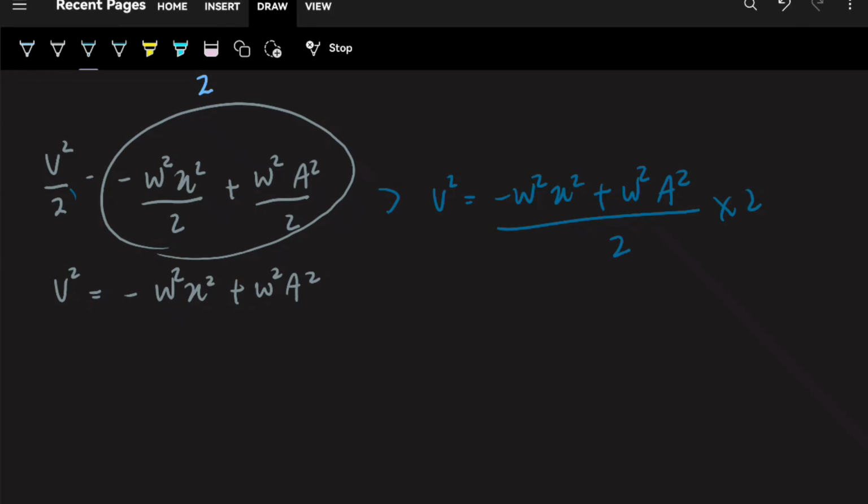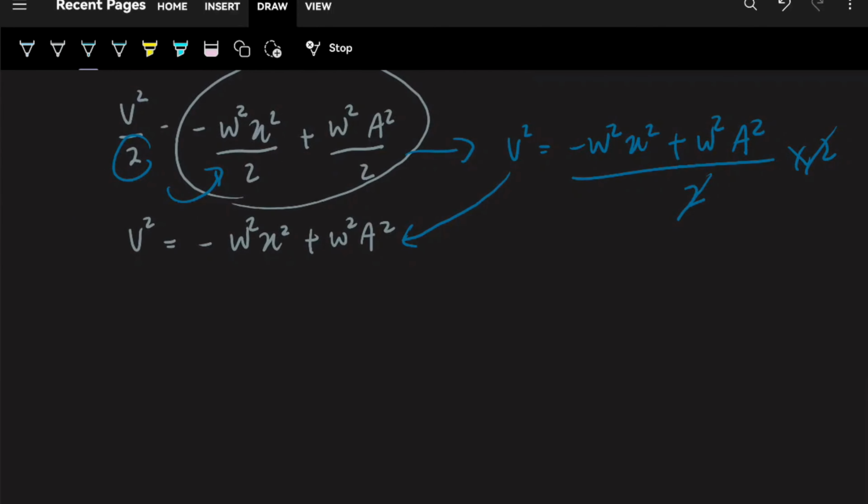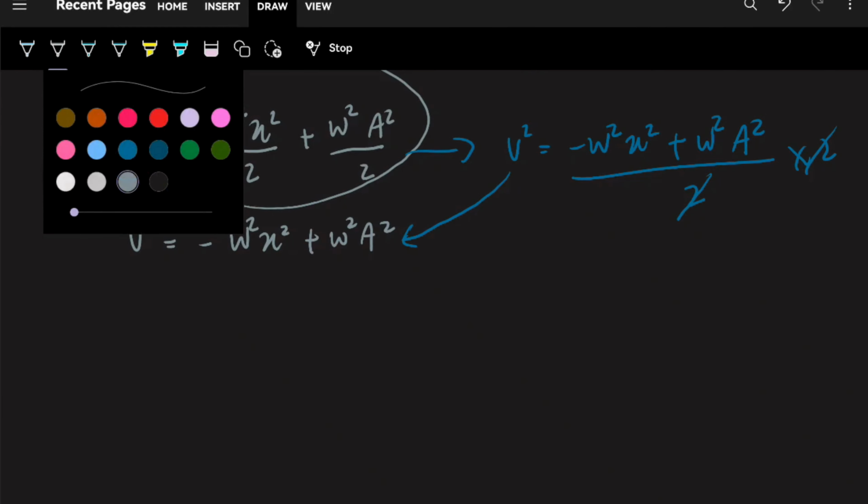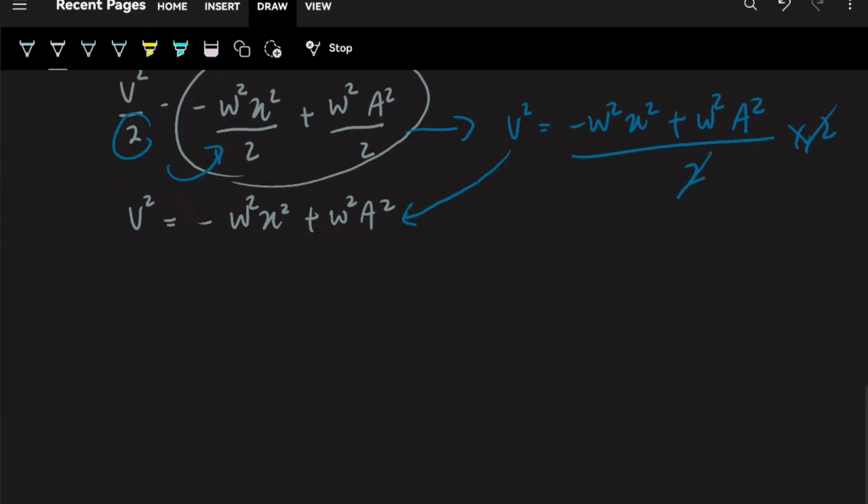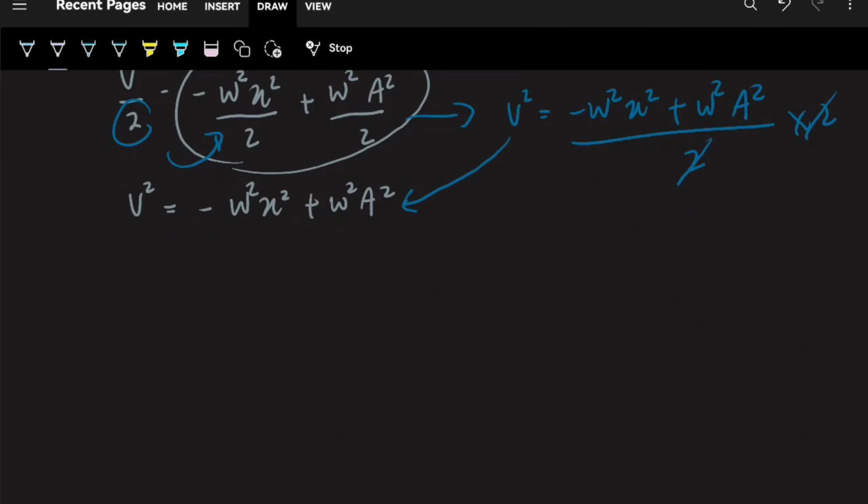Okay, let's combine both of these because you have the same denominator, right? Multiply by 2. This 2 goes over here to multiply. These 2 can cancel out and this is what you'll get. Okay. Now you're actually really close to the answer. So we have v square equals to negative omega square x square plus omega square a square.